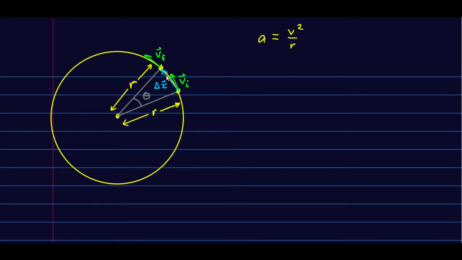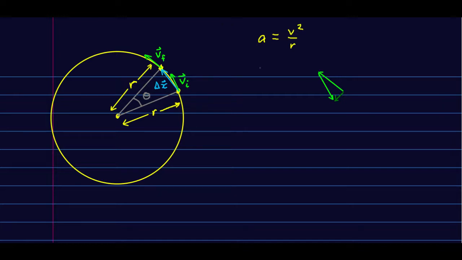And we have some object going around, and there's its displacement vector for some small time interval, and a VI and a VF. And one thing to notice is that there are actually two triangles we can construct here, and they turn out to be similar. If you take the VF minus VI, we've seen that plenty of times, right? So here's VF minus VI, and so this gives us a delta V.